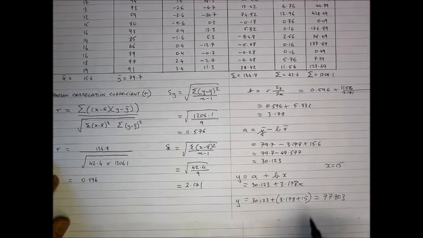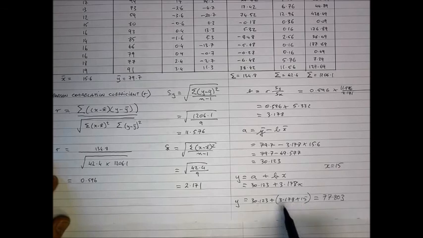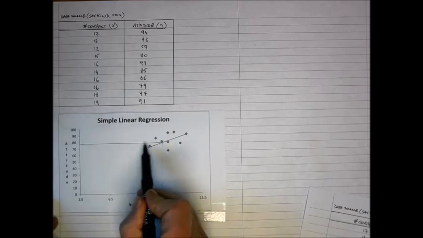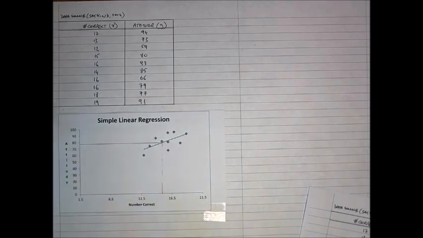So what this tells me is if I have a value of x of 15, using my simple linear regression formula, in which I have the y-intercept and the slope of my line, it tells me that my value of y will be 77.803. If I go back to my chart here, I can see that for a value of 15, I go up to here and work my way across, I'm getting a value in the very high 70s, just below 80, so it's approximately correct according to my chart.